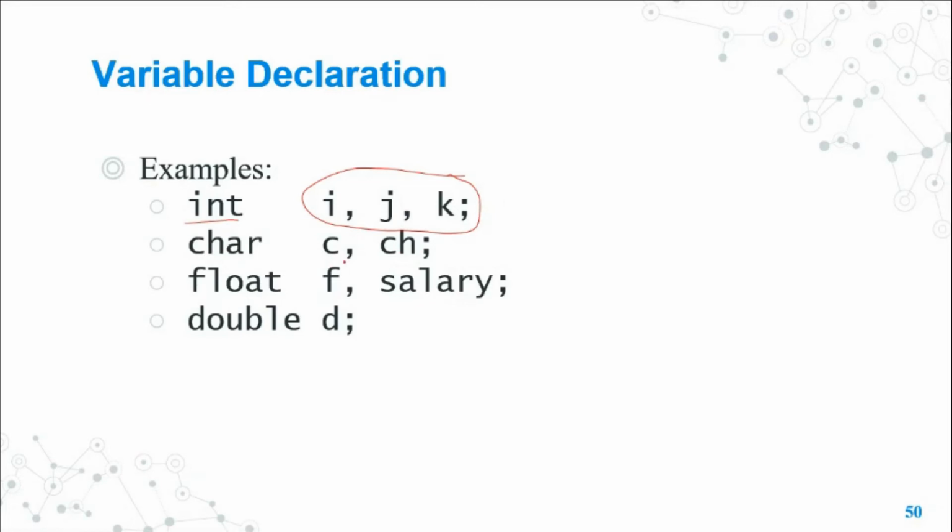Two character variables are declared here; char is the data type, and c and ch are the variable names. Then float f and salary, two different variables. Then double d, that is another variable. This is how variables are declared.